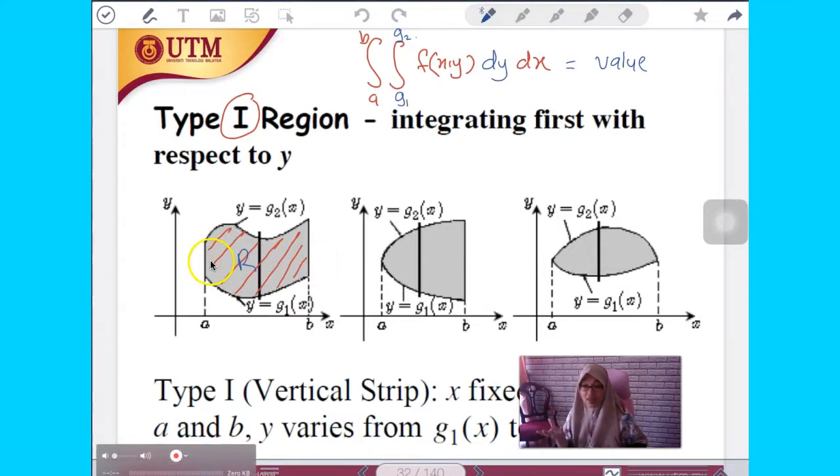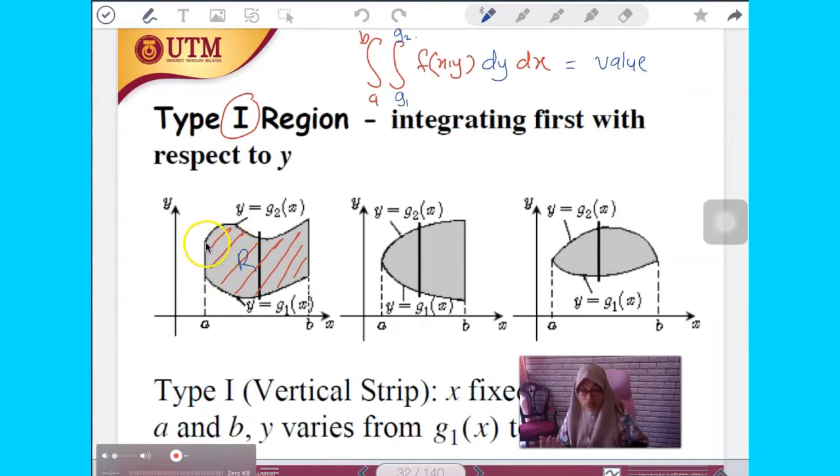Just think of x as constant. Now you can see that this is the boundary, I would say the smallest possible value of x, isn't it? And this one is the highest value of x. We are thinking about values only, because we said just now x constant. It can be x equal to 1, x equal to 0, x equal to minus 1. So don't think about the equation, just think about the value of x. Now the lower bound is coming from this line.